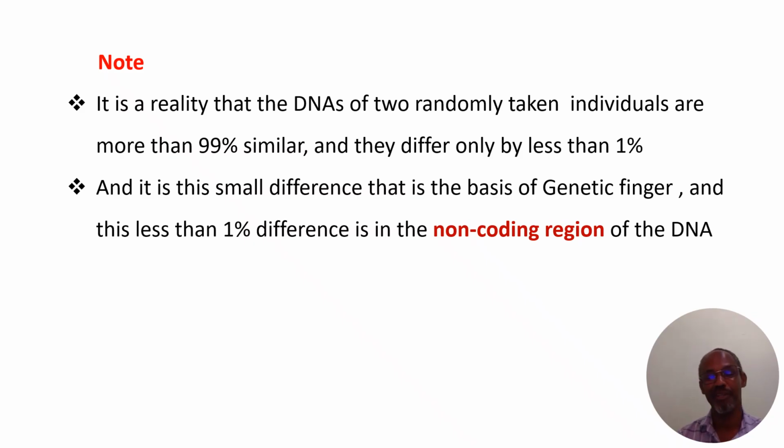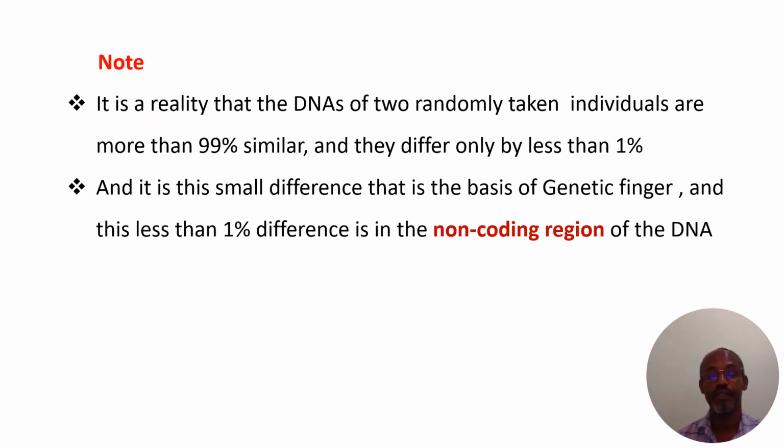Only 2% of our DNA is used for protein synthesis through gene expression, that is transcription and translation. These are the two fundamental processes of the central dogma of molecular biology, gene expression. Therefore, these mini satellites belong to the 98%, that is the non-coding region of the DNA.